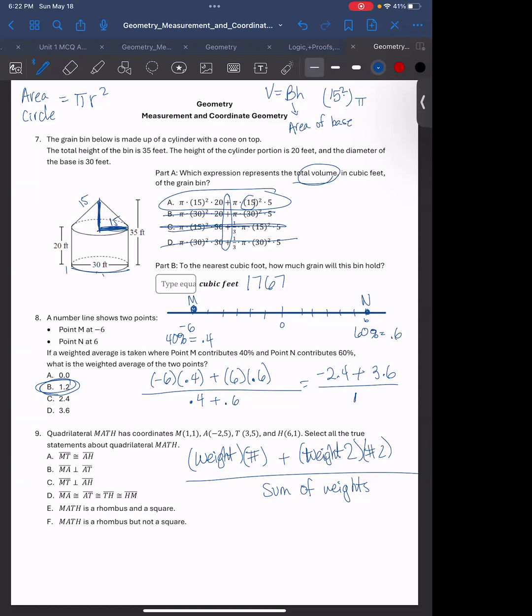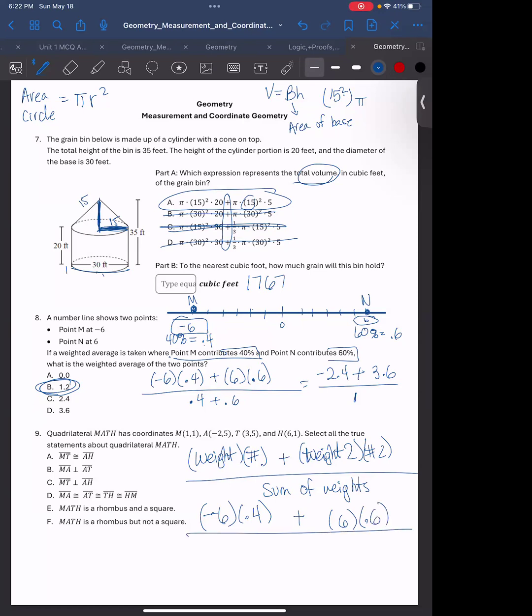They usually only ever put like a couple of questions on weighted average. So in my first case, I had -6 and 6. Those are my data numbers. Then I take my weight. It says -6 contributes 40%, so that's 0.4, plus N that contributes 60% or 0.6.